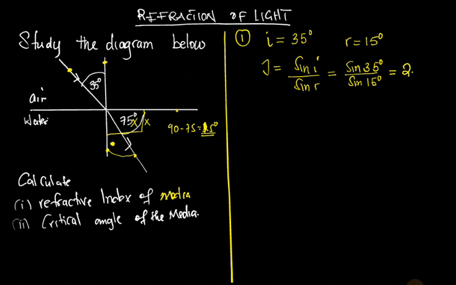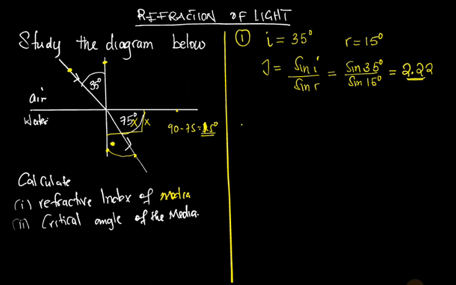It's giving me 2.22. It doesn't have units, it's a ratio. Now this may not be the exact refractive index of water, but this video is just about showing you how to go about such questions. So we are done with the refractive index.